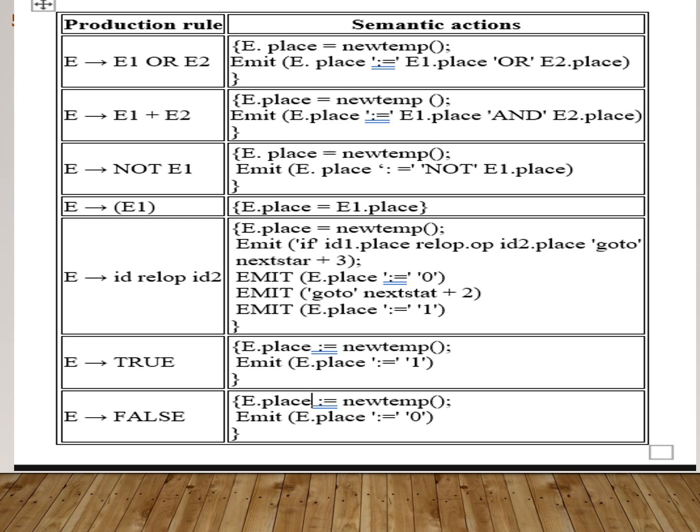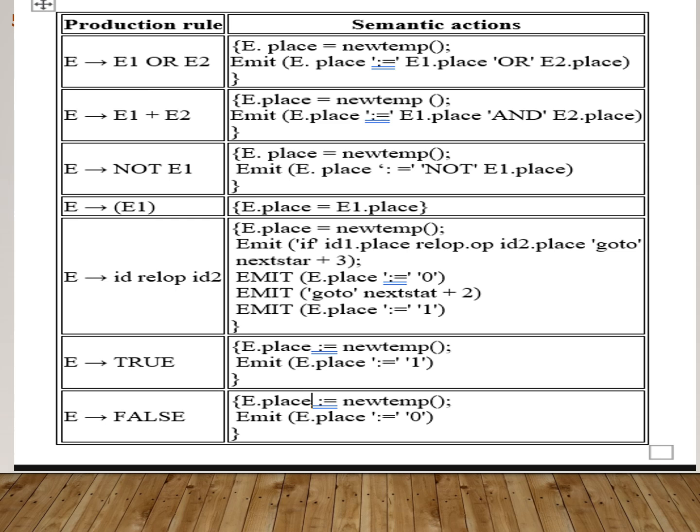So that time we wrote like this. First of all, we will write the if A greater than B. If it is true, we will go to the third statement. The very next statement will be the else condition, and the true condition will be followed by that. So that is what this next star plus 3 is. And then the next statement is the false condition, as I told you.